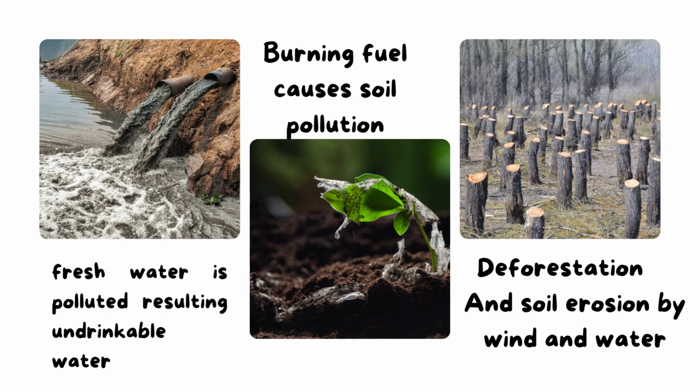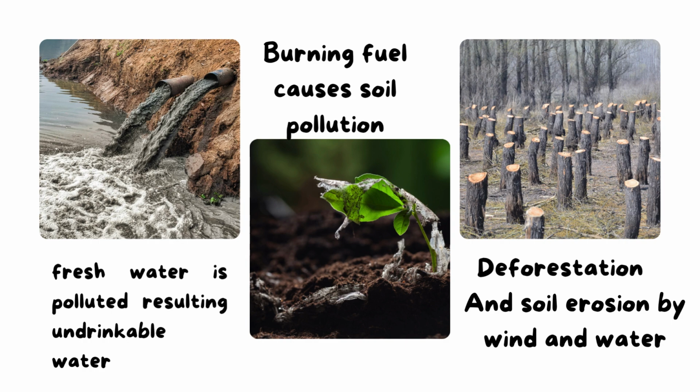Pollution of soil, and this causes death for plants and animals, and those are renewable resources. Also, cutting down too many trees, which is deforestation, causes what? Yes, the soil isn't covered with plants and trees, so the water and wind can carry away soil, causing soil erosion. So this is an example of wasting natural resources such as soil and trees.